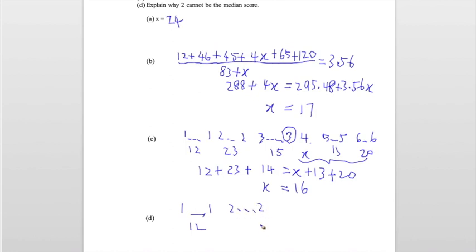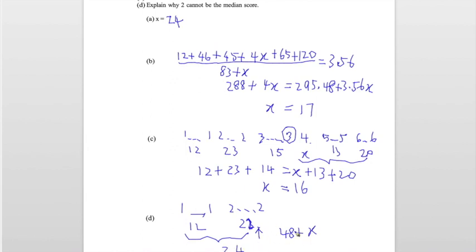2, and if 2 is the median, and there are 23 2's here, then there will be 34 scores here. Now if there's 34 scores here, then on the other side we have 48 plus x scores. So that can never work, because if 2 is this, then there will be 22 twos left, giving a total of 34.